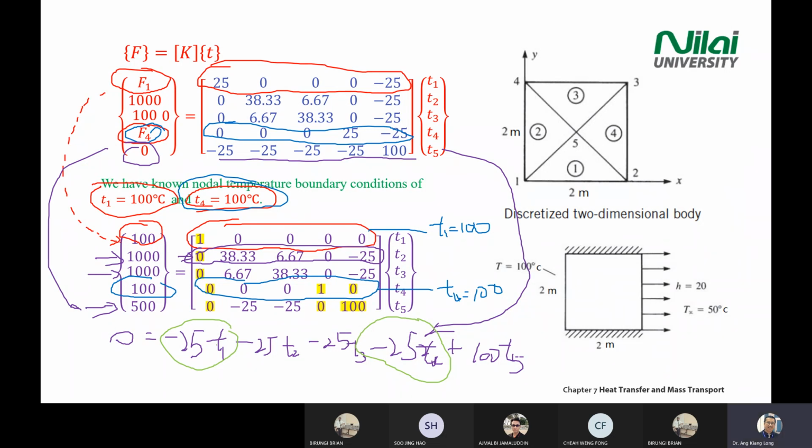And then you check the other values. It should be 5,000. No, sorry.